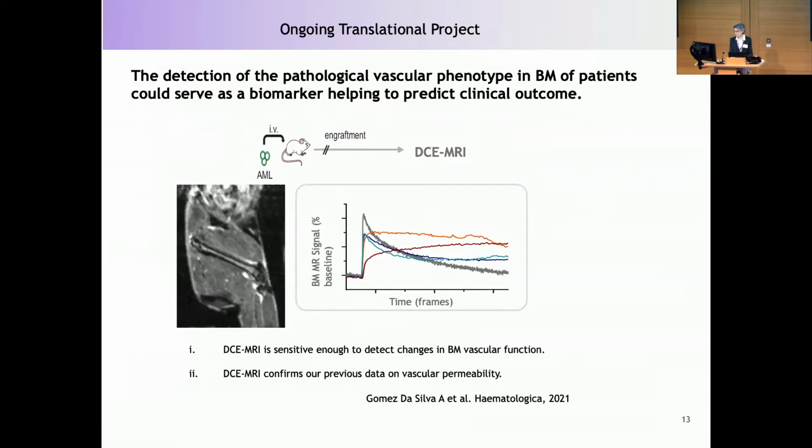She was recruited because she had done some imaging by MRI in the past, and she ended up looking at whether or not we can indeed look at bone marrow vascularity or leakiness in the mice that we have.